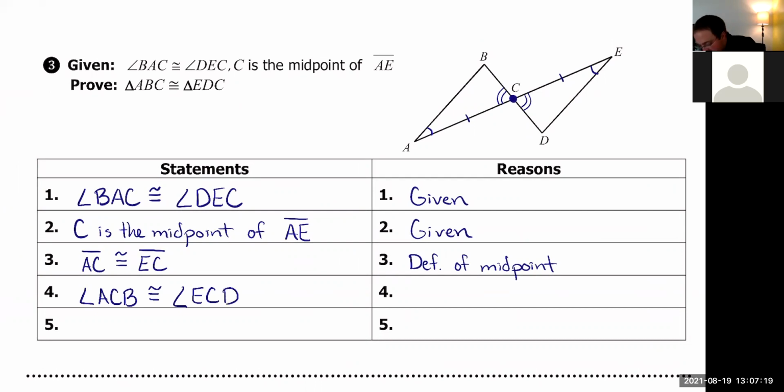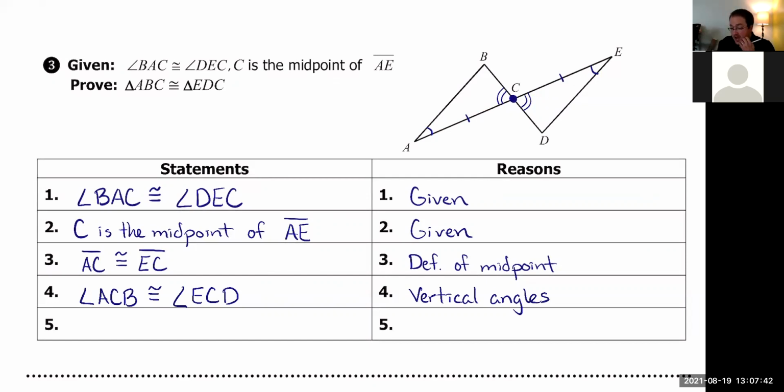Notice the pattern I used. I went from A to C. So I'm going to match my diagram. E to C would make sense then, to make sure I'm staying consistent, corresponding parts. And Shanitha, you said that was because of vertical angles? Okay.